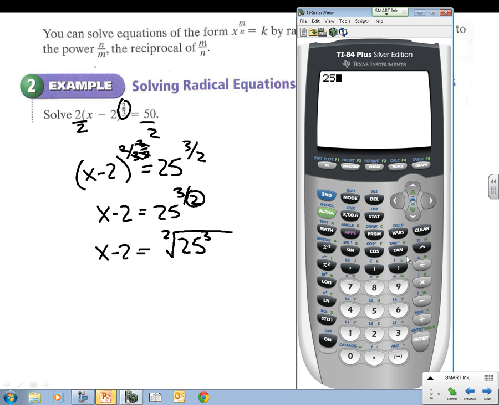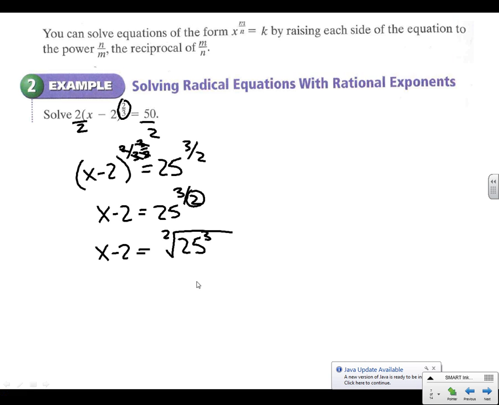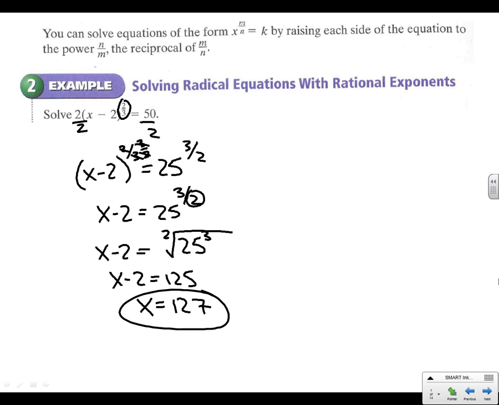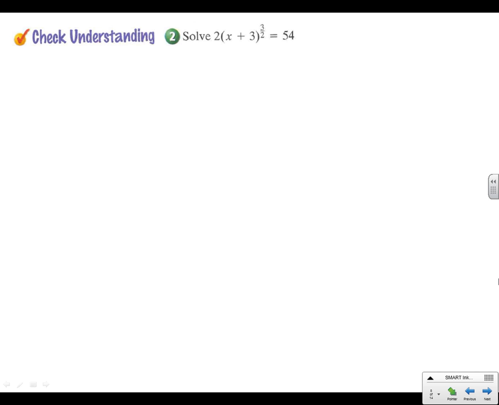And we could actually go straight to this if we wanted to. 25 to the 3/2 gives us 125. So we'll come back over here. X minus 2 equals 125. So x equals, add 2, 127. All right, and our job is done. Your job, number 2, get x by itself.